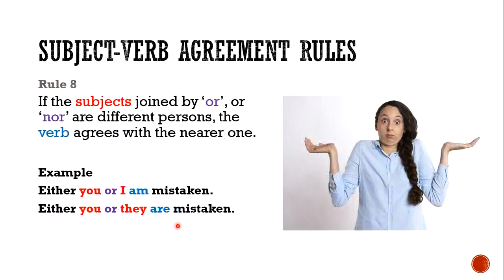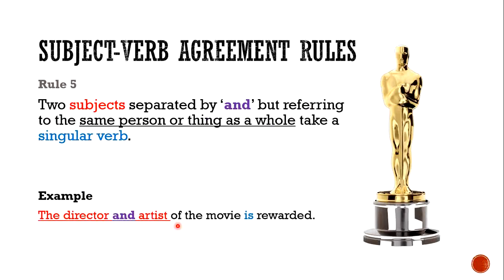In this rule, if the subjects joined by or, nor are different persons, the verb agrees with the nearer one. In the previous case, we were talking about the same person.